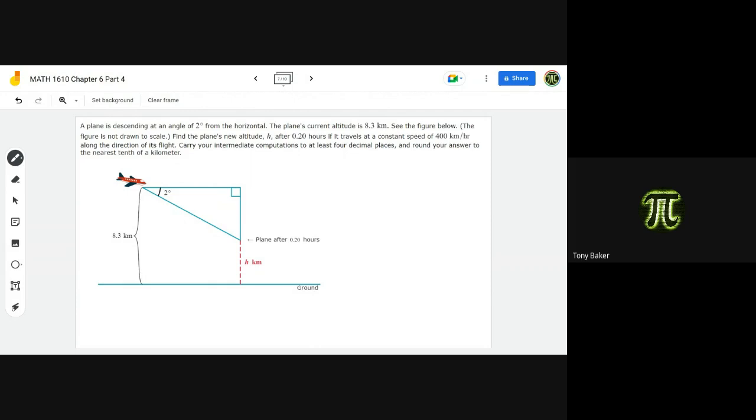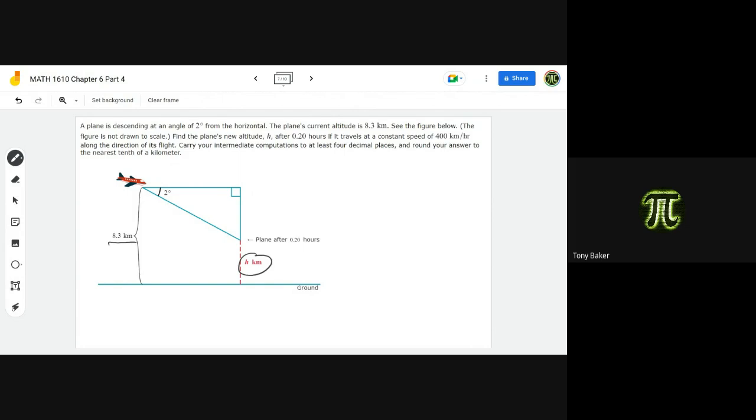So a plane is ascending at an angle of 2 degrees from the horizontal. Again, they give you a picture, which makes your life a lot easier, so you're not having to draw the picture out for these. The plane's current altitude is 8.3 kilometers, which is right there. They want to find the new altitude after 0.2 hours. And they tell you that it's traveling at 400 kilometers per hour.